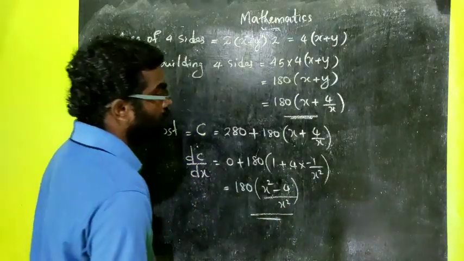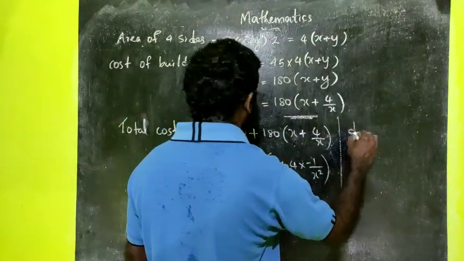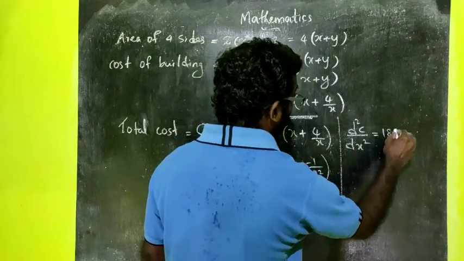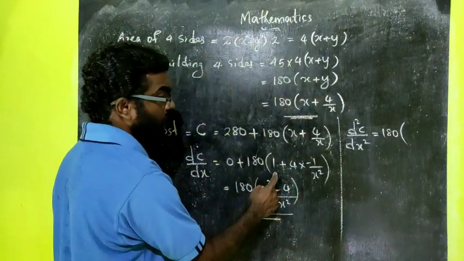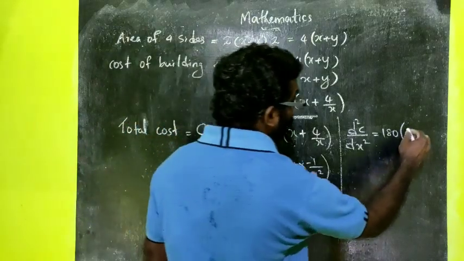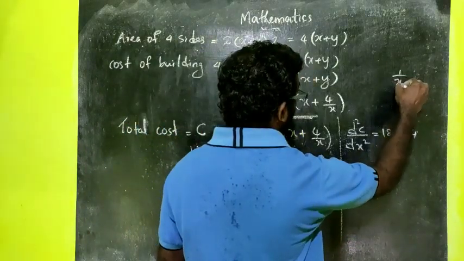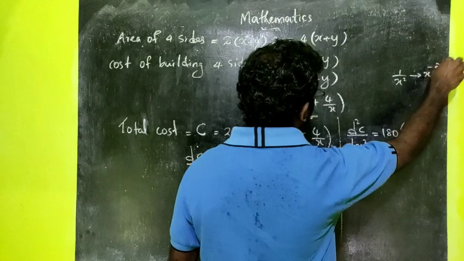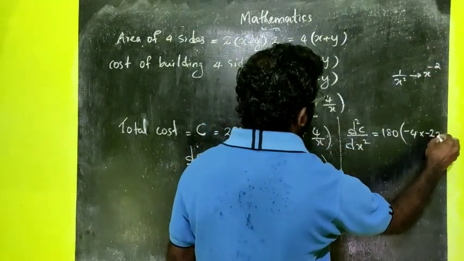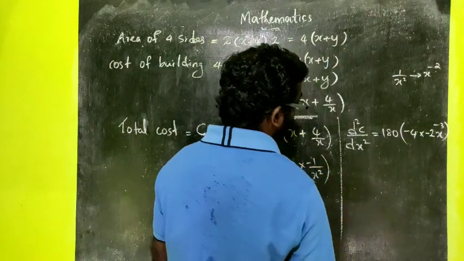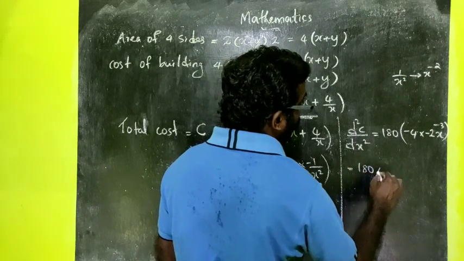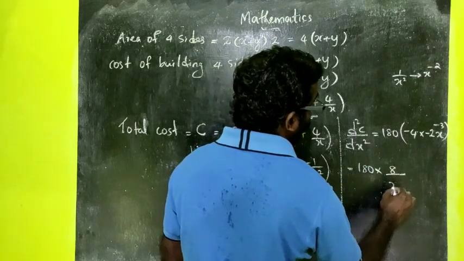And the second order derivative d square C by dx square is equal to 180 into, derivative of 1 is 0, then minus 4 into 1 by x square, we can treat it as x raised to minus 2, and apply the formula n x raised to n minus 1, minus 2 x raised to minus 3. Or we can write 180 into 8 by x cube.